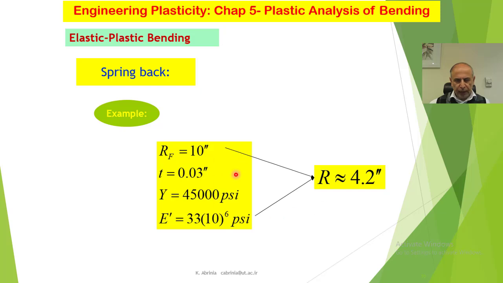Now, due to spring back, we had to design a punch with a very sharp radius of 4.2 inches, so that when we bend the sheet metal, it bends to 4.2 inches. But when we take off the punch, take off the load, it will go back to 10 inches. In fact, if we had used the 10-inch punch, we wouldn't get a 10-inch radius. We would get a bigger radius due to the spring back.